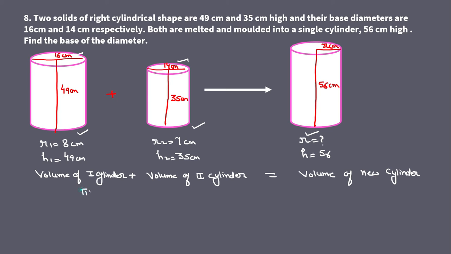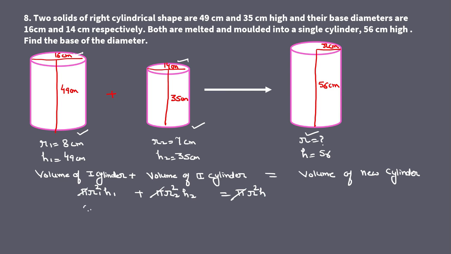That means pi R1 square H1 plus pi R2 square H2 is equal to pi R square H. So cancel out pi from here.